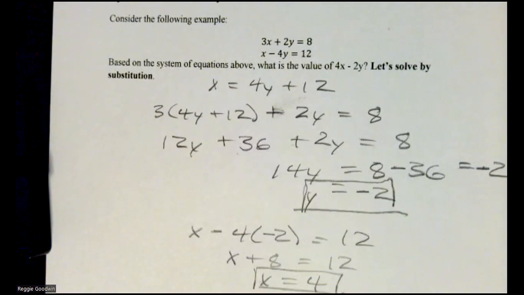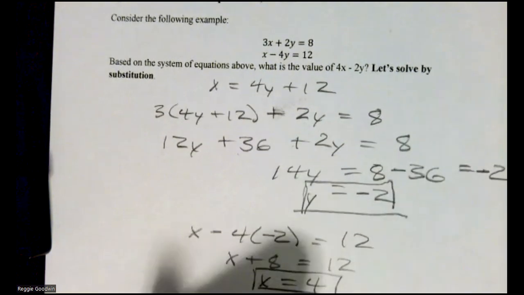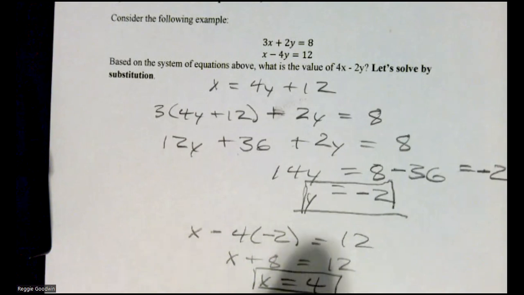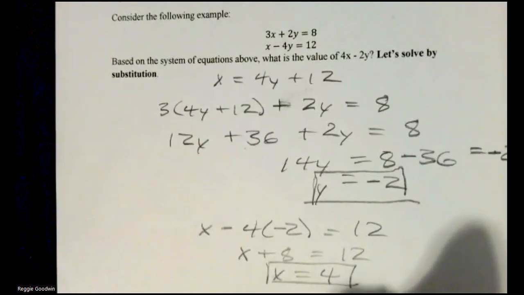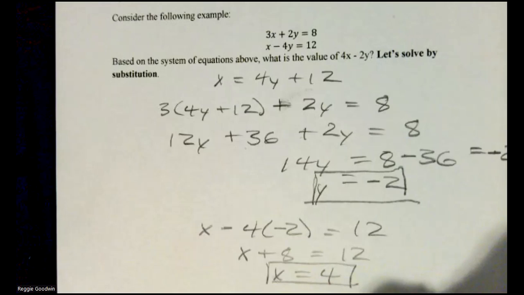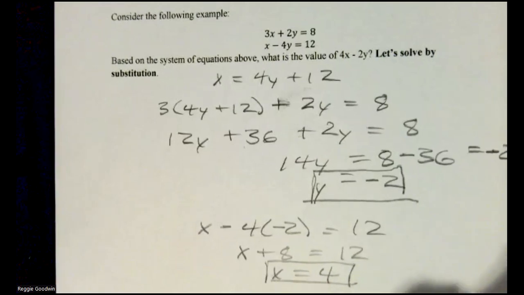But what was the question? The question was, what is 4x minus 2y? So you can substitute it. You've got x equal to 4, y is equal to negative 2. So 4x minus 2y is equal to 4 times 4 minus 2 times negative 2.